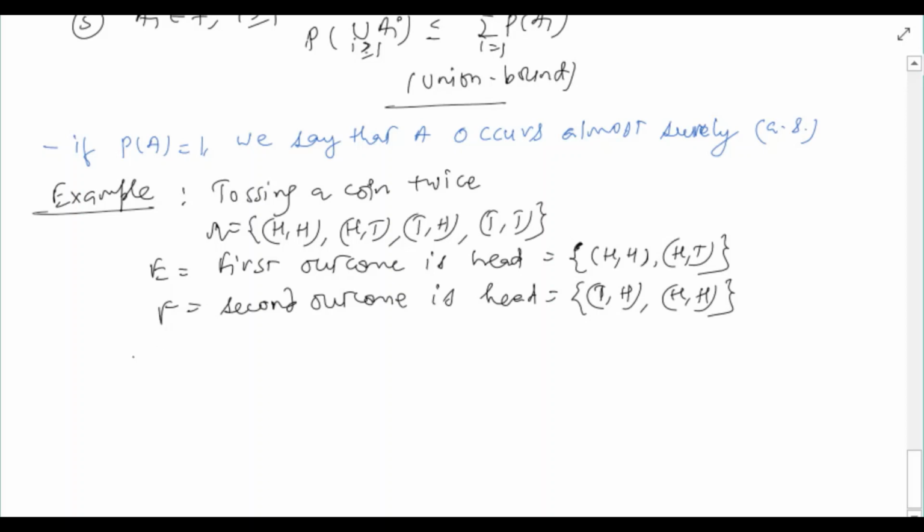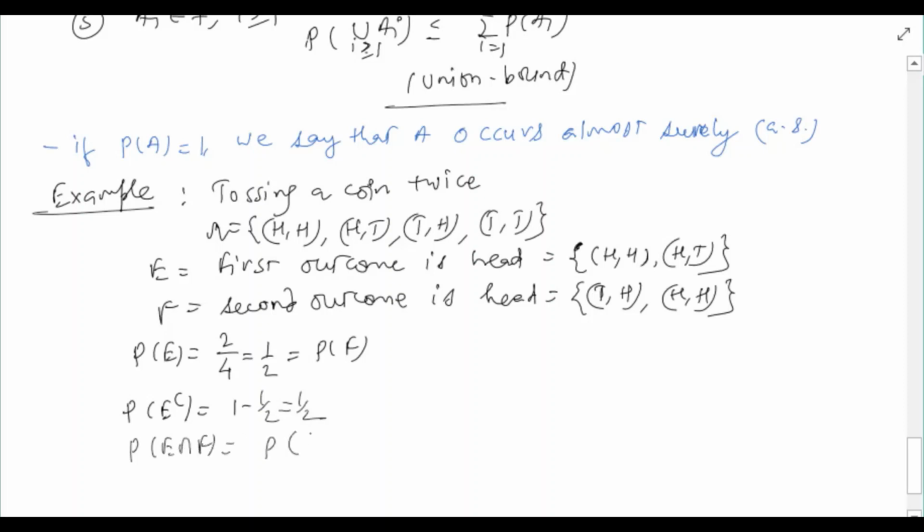In this case, probability of E is 2 by 4, that is half. So is probability of F. Then following the above properties, probability of E complement would be 1 minus half, that is half. Probability of E intersection F will be probability of HH.